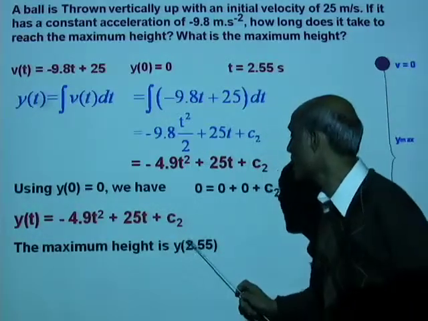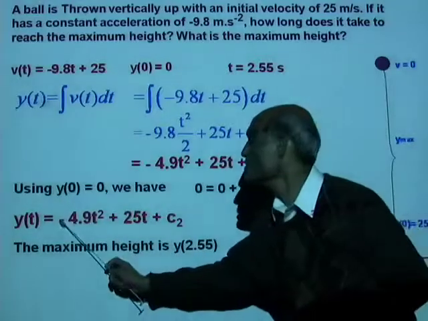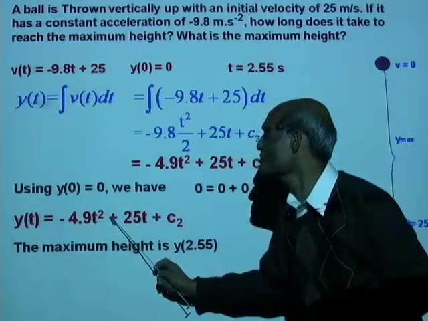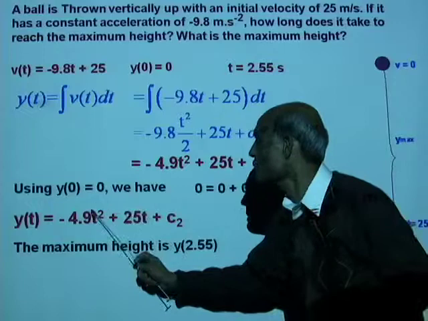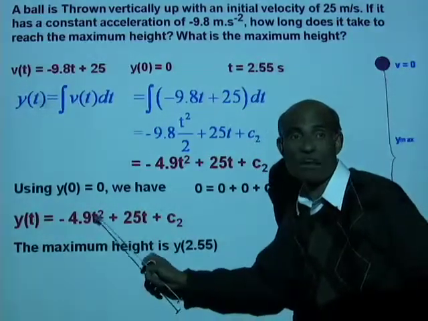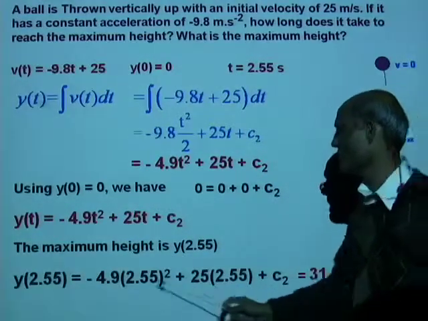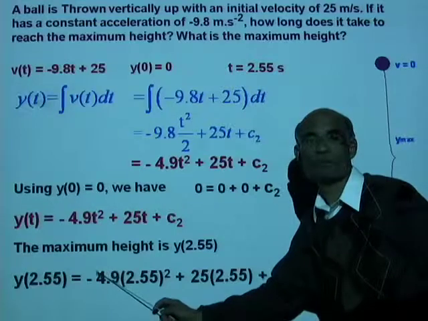Maximum height is y of 2.55, and that will be negative 4.9 times 2.55 squared plus 25 times 2.55. There, I have done it for you.